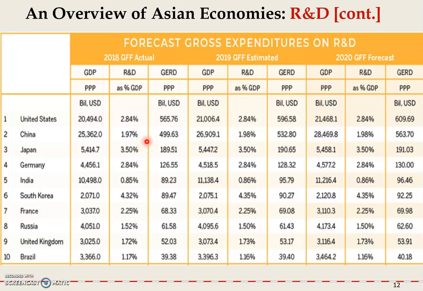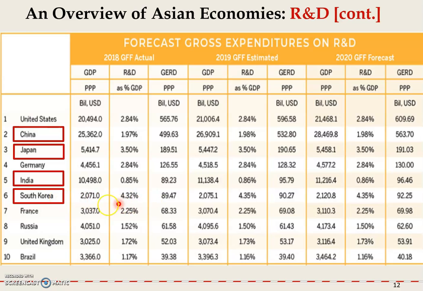Again, no matter which year you look at, if you focus on the share, you would find it's actually pretty stable across these 3 years. In this top 10 group of R&D spenders, you would find 4 Asian economies: China, Japan, India, and South Korea.